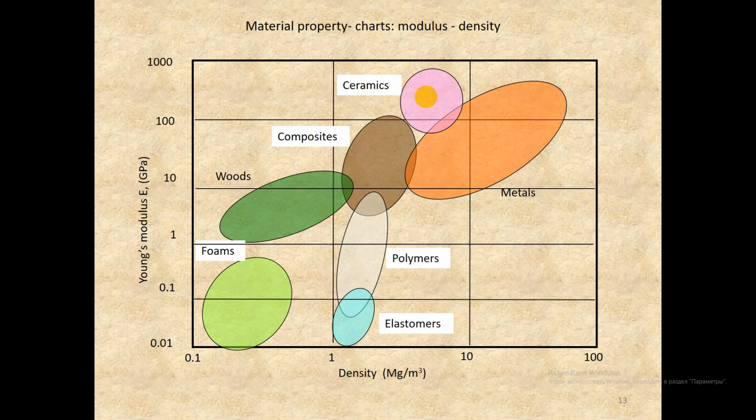We can see that if we plot value of Young's modulus against density, then the various classes of materials group themselves neatly into groups when plotted logarithmically.